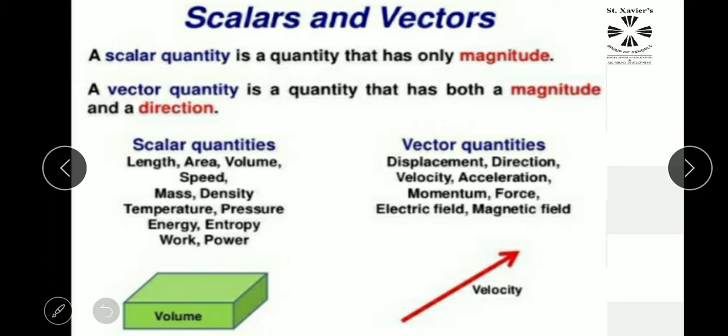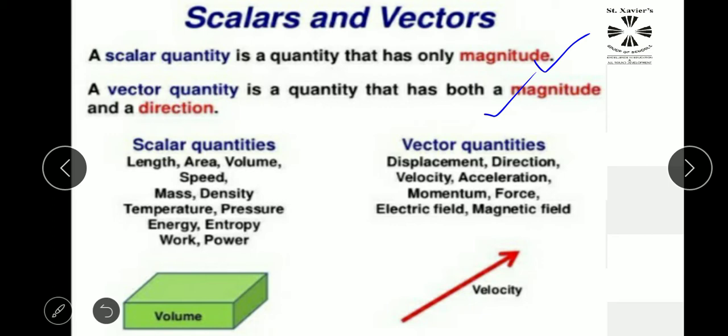Whenever we represent a quantity using only magnitude, we call it a scalar quantity. But whenever there is a need of magnitude and direction both to represent a quantity, it is called a vector quantity. A vector quantity is a quantity that has both magnitude and direction.